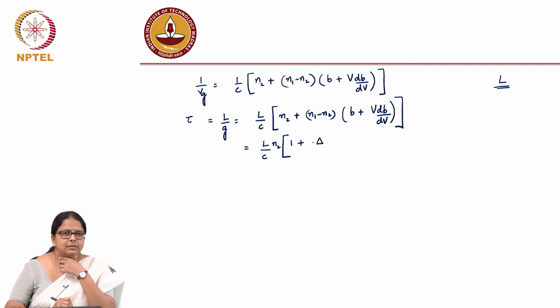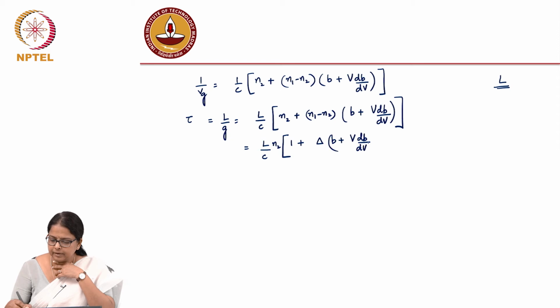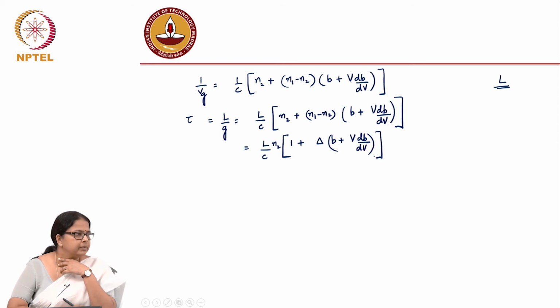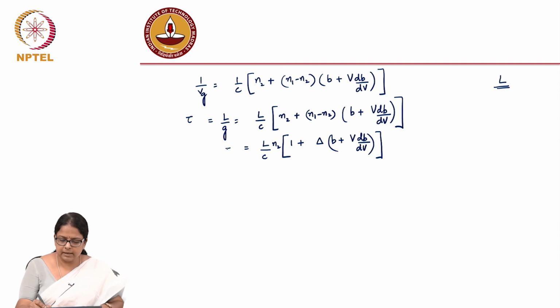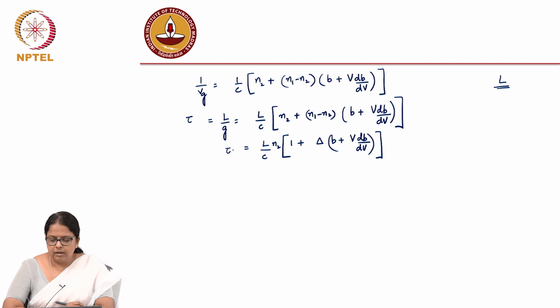What was delta? n1 minus n2 divided by actually n1, but here you are approximating it as n2. It is not going to be very different. Delta times b plus v db by dv. So, this is the time taken for a source or a specific pulse to propagate through the fiber.